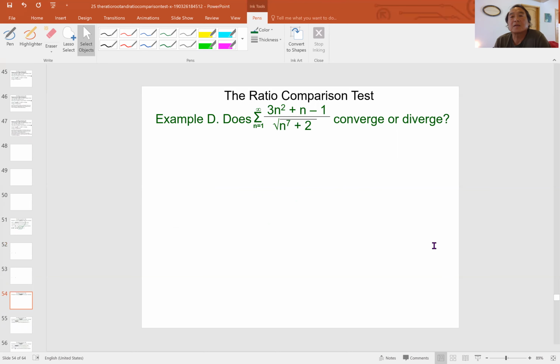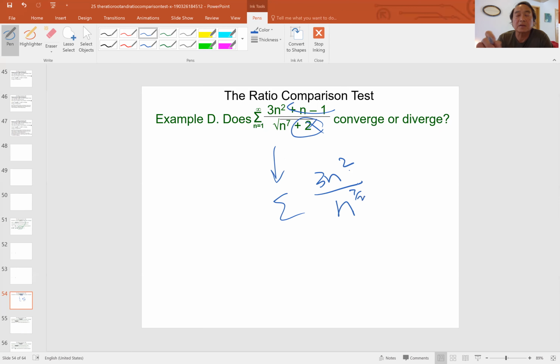And similarly, in this problem, we can throw away the parts that are not important, which are this and that. We can compare this basically to 3 to the n squared on top and n to the 7/2 on the bottom. So the first thing is I do this simplification.